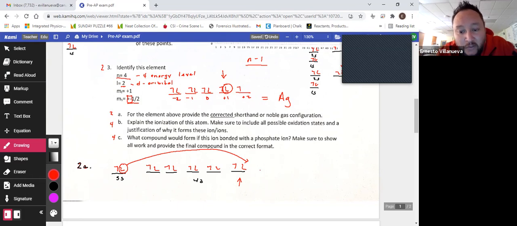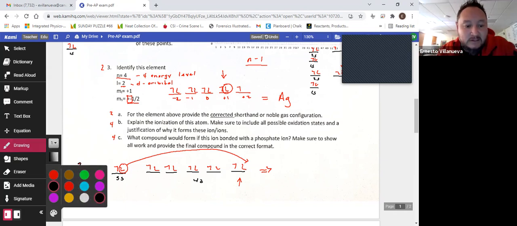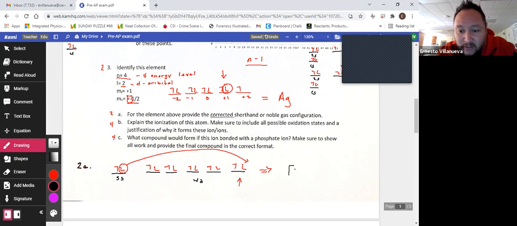So if we were to do the shorthand configuration of silver, it's going to be krypton. If I'm going to do the shorthand, the noble gas, it'll be krypton 5s1 4d10, where this orbital is completely full.